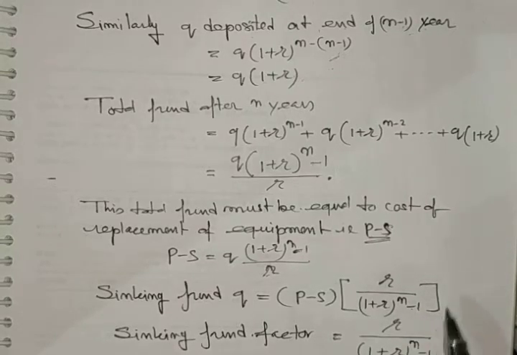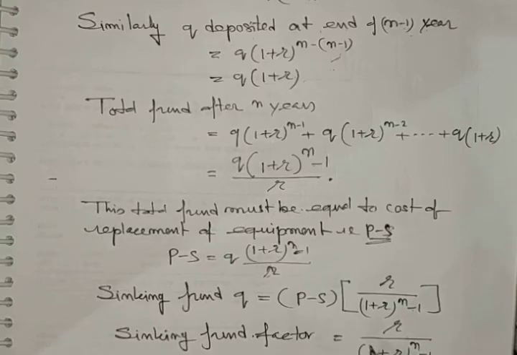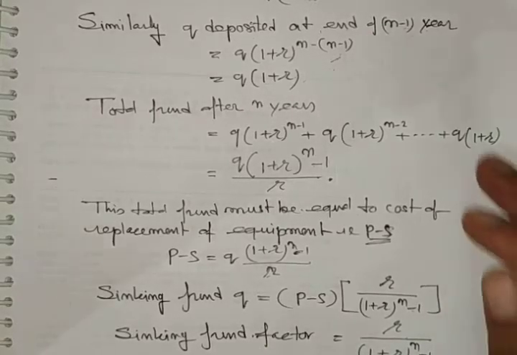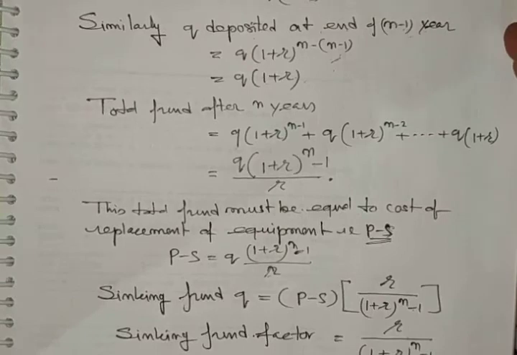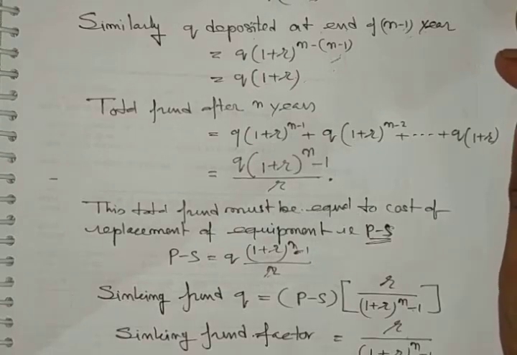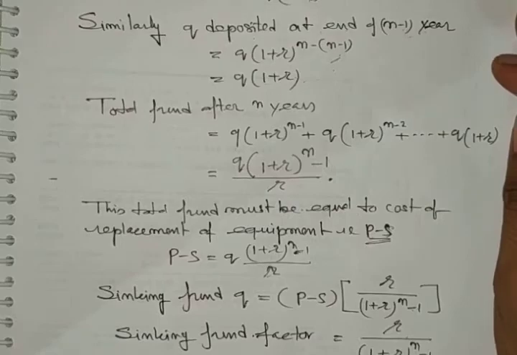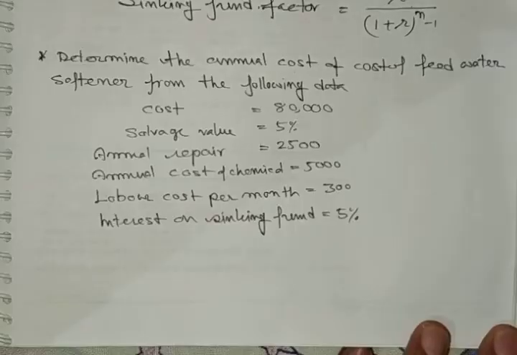And this factor R by (1 plus R to the power n minus 1) is called the sinking fund factor. So this is the simple derivation of the sinking fund factor, or present worth value of depreciation of equipment, in power plant engineering. So let's try to solve one numerical.